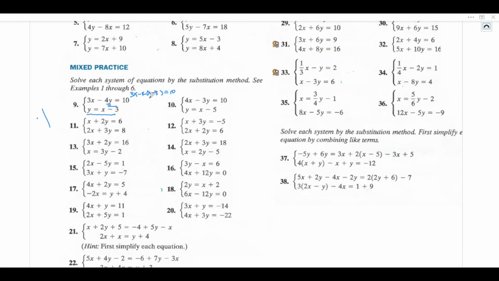We need to substitute y with the second one. So you get -x equal -12. 12 moves to the right, -2. So x equal 2, y equal -1, right? So you get 2, -1.